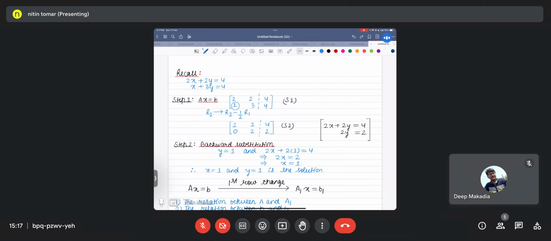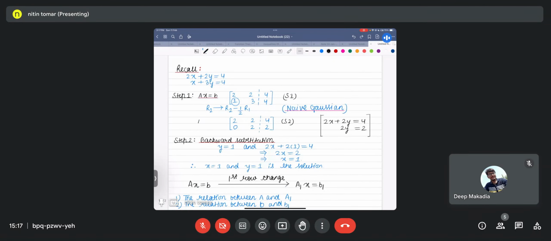Then if you follow the naive Gaussian elimination method, the row operation you would choose is R2 goes to R2 minus half R1. Am I correct? And after that you get this second system, denoted by S2 on the screen. So this system is Ax equal to b, and the second system is A1x equal to b1.